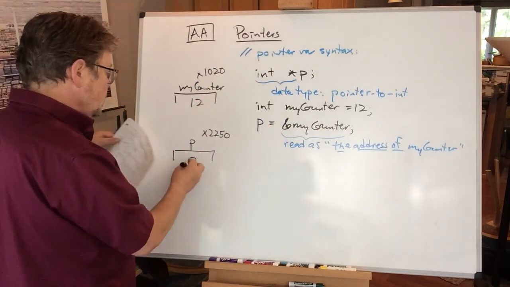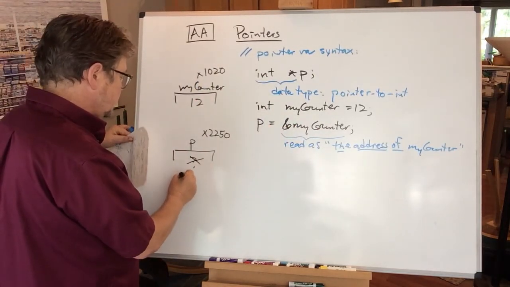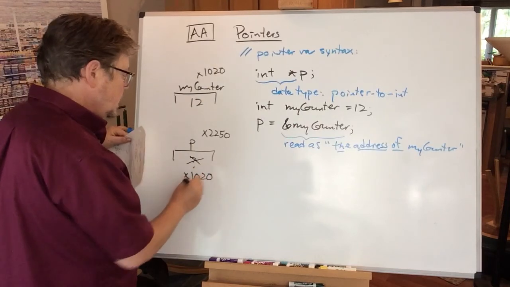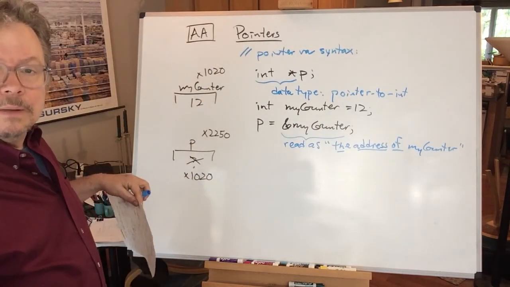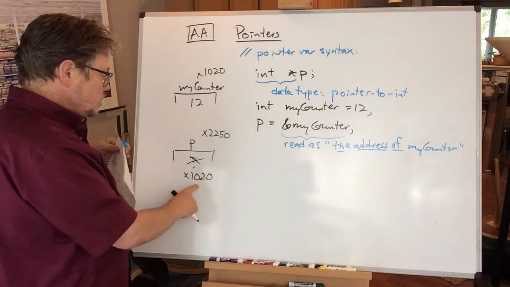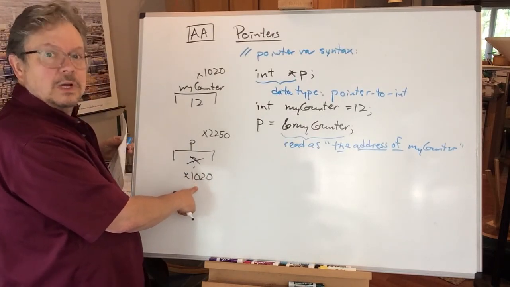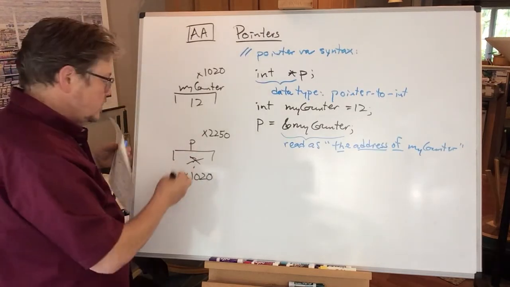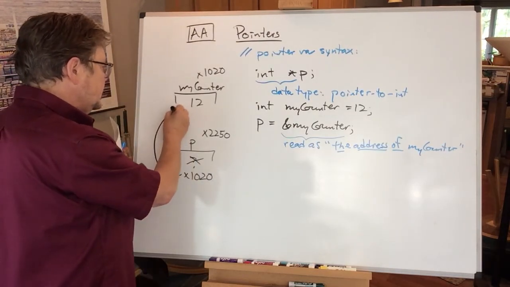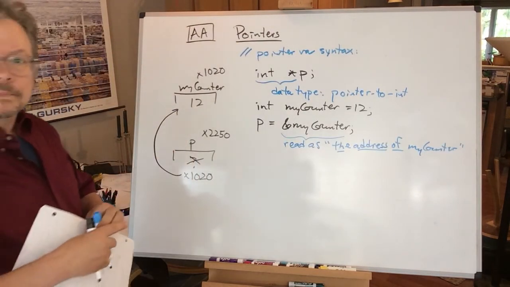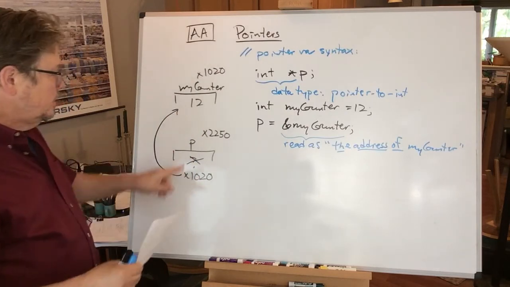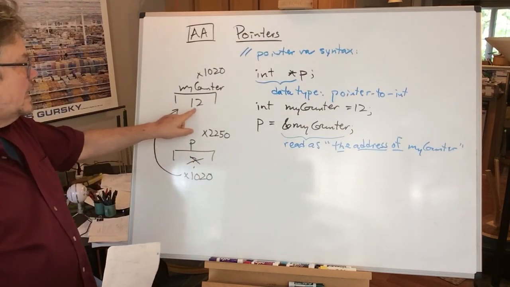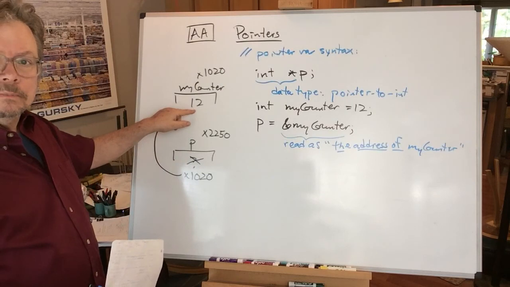So P is no longer garbage. It's now hexadecimal 1020. And a good habit that I recommend getting into right away is, when you're working with pointer variables, illustrate where they point. Draw a picture to get this solid in your mind. This points right there. And that's how it's described. Variable P points at variable my counter.